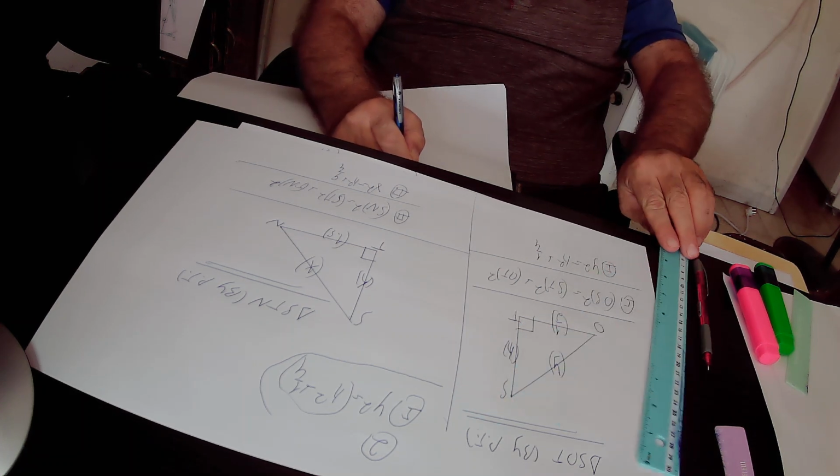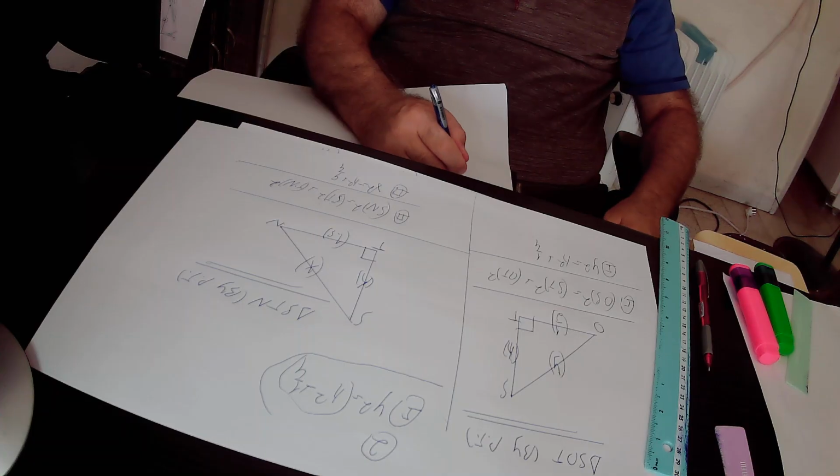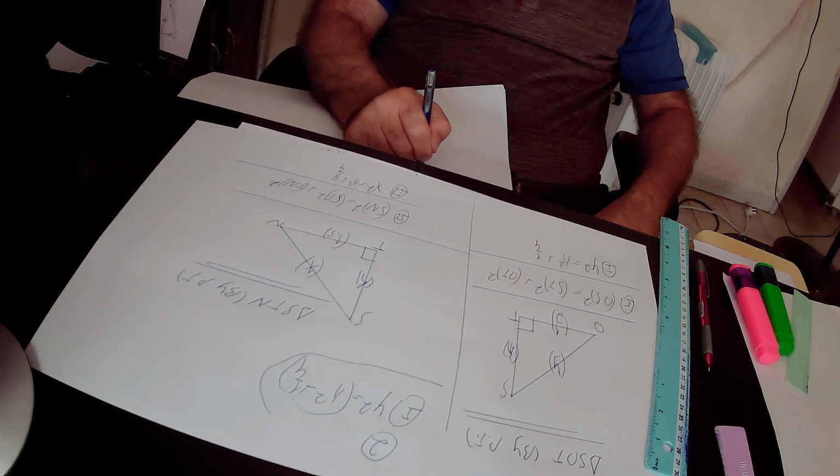According to equation 1, we found that y squared equals h squared plus 1/4.